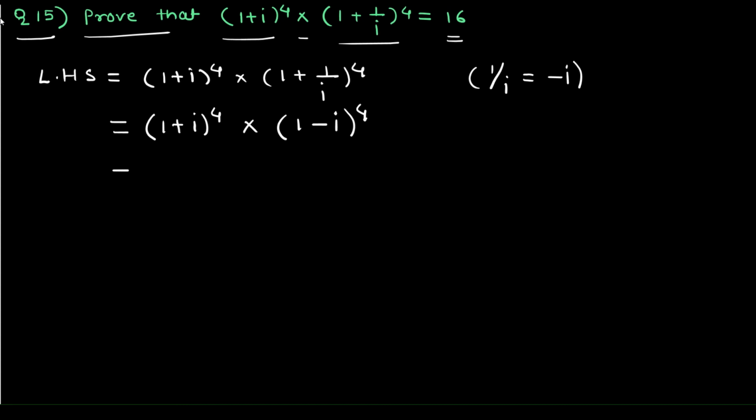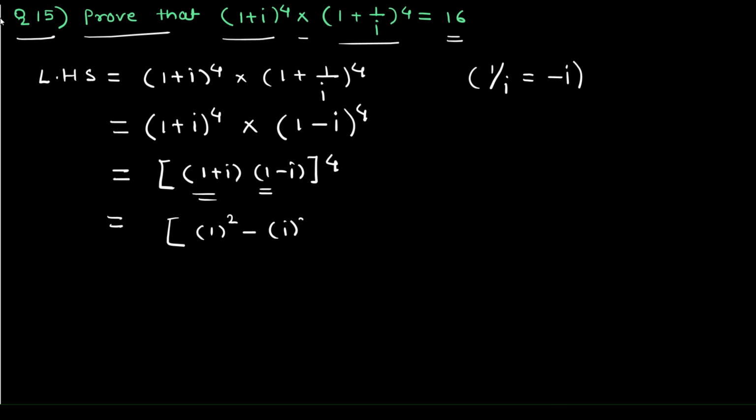Now I will combine the power. So here I will write (1 plus i) into (1 minus i), to the power 4. Now again by using (a plus b) into (a minus b) as a squared minus b squared, first of all it will be 1 squared, then next 1 minus i squared, and to the power 4 as it is.